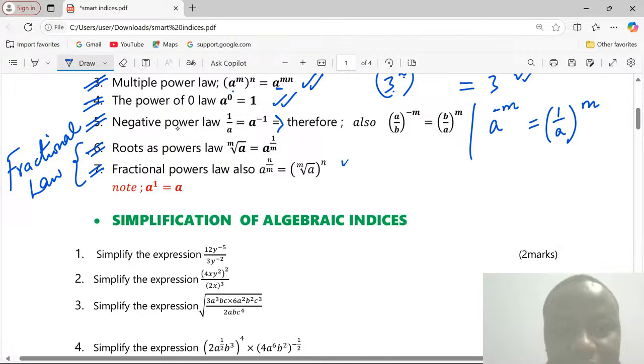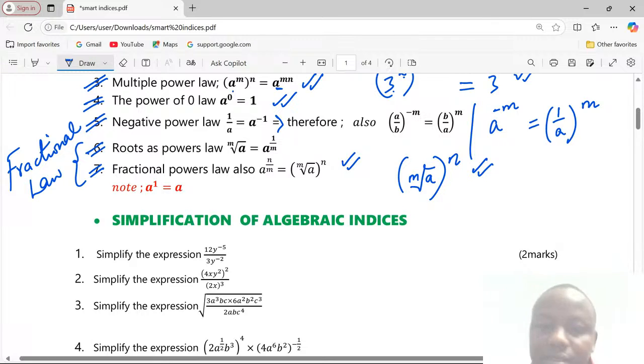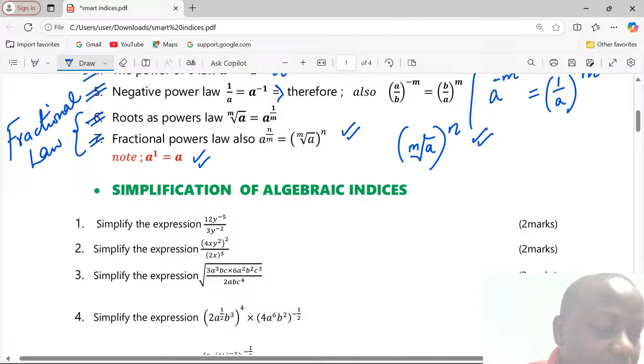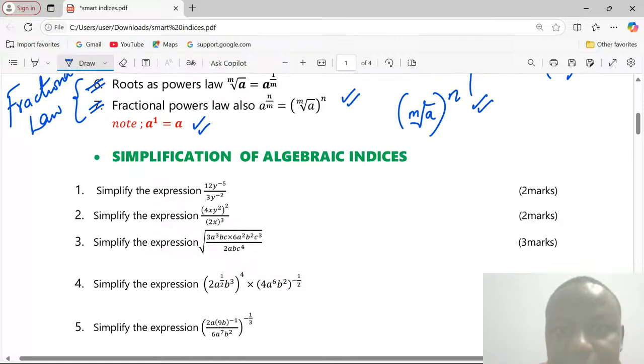That's why we have the fractional law here, whereby when we are told a power fraction, let's say n out of m, then we need to take the m root of a, then everything now is raised to power n. So that's how the laws are. And it's good for you to know that any number raised to power 1 remains the way it is.